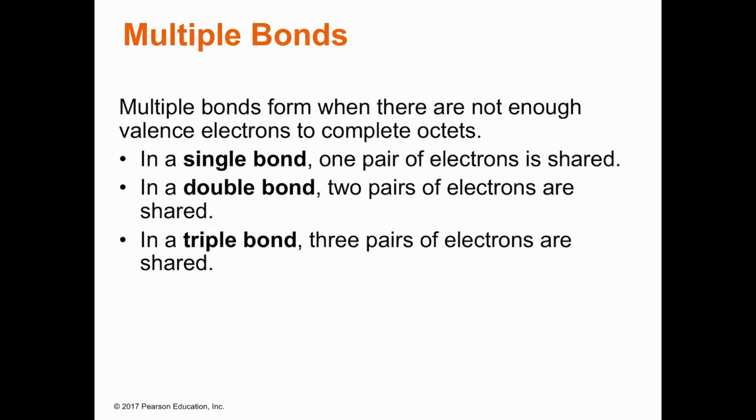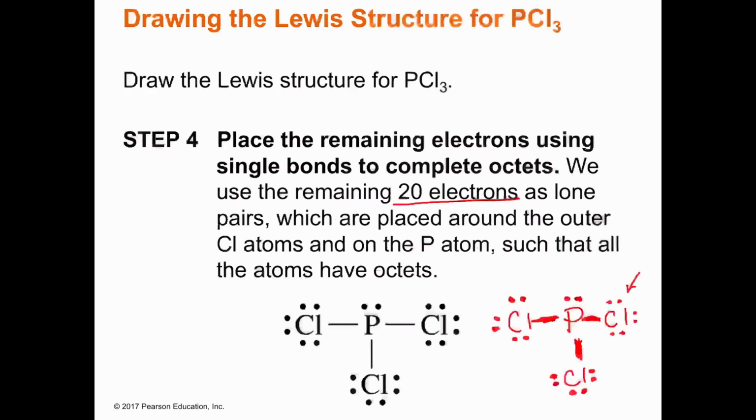Sometimes you're not going to have enough electrons. Here, I filled in all of the rest of the electrons and was able to give everyone 8. Sometimes you'll run out, because we had 20 electrons we could use, but if we only had 18, I would have run out before I gave phosphorus those 2 electrons.